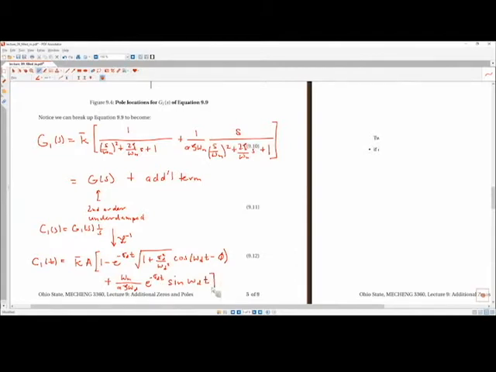Okay. So in terms of what we have here, we have essentially a standard step response, and then we have an additional term.